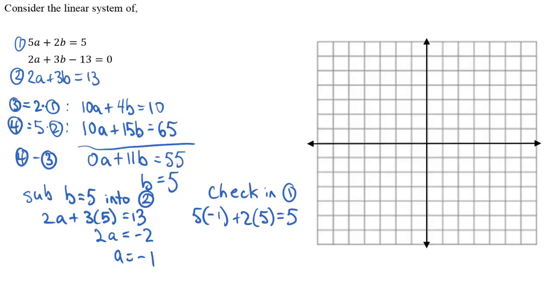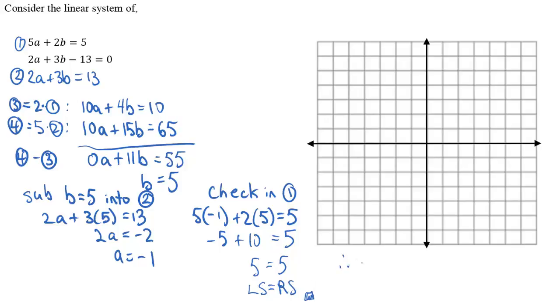Let's make sure our left side equals our right side. So we have minus 5 plus 10, which gives me 5. So very nice, my left side equals my right side, so that tells me I satisfy this equation.